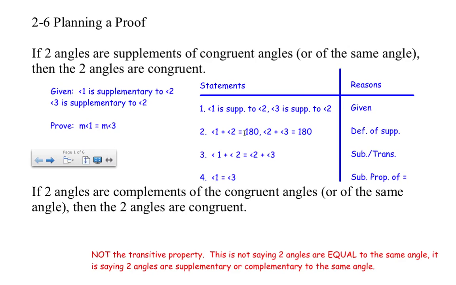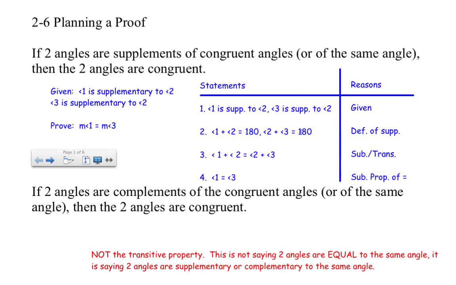I know that's definition of supplementary because how do I know this? I don't know it from a picture like we do in angle addition. I know because you told me they were supplementary up here. And for the same reason I know angle 2 plus angle 3 equals 180, because up here it was given that they are supplementary, so by the definition of supplementary angles.